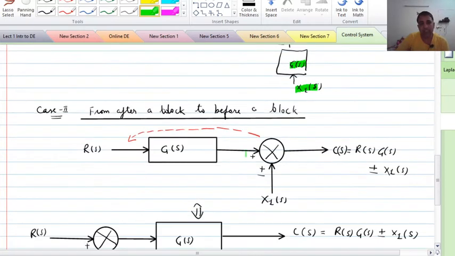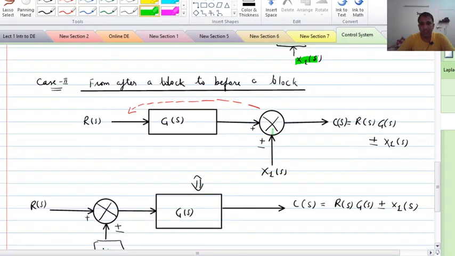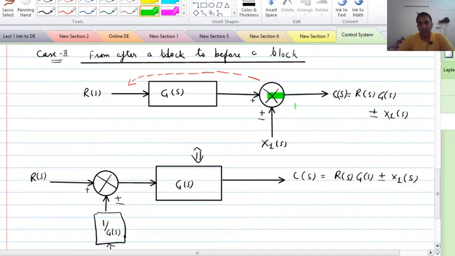Now in the second case, we want to shift this summing box from after a block to the position before a block. If we solve this, we get Cs equals Rs, because this Rs will get multiplied with this Gs only, and in this way we will get the output Rs multiplied by Gs plus or minus X1s.